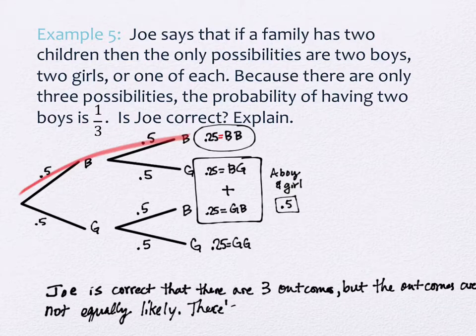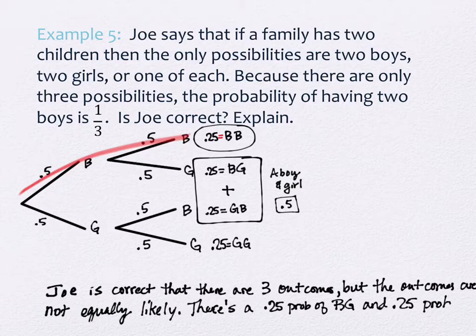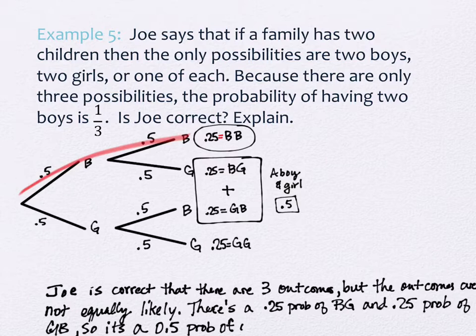Is that because the probability of having a boy and a girl is 0.5? Is that why they're not equally likely? Yes. So there's a 0.25 probability of boy-girl and a 0.25 probability of girl-boy. So it's a 0.5 probability of one of each.